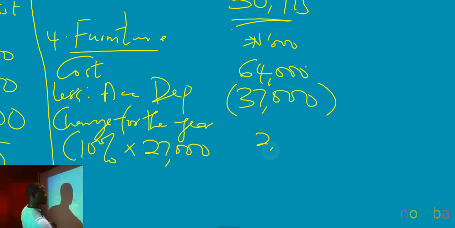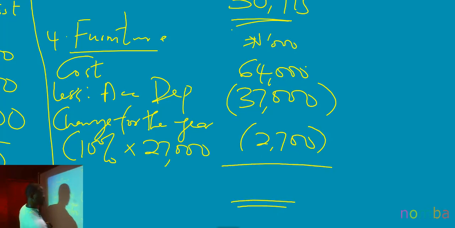That's 2,700. So what will be the carrying amount? Carrying amount will be 64,000 minus 37,000 minus 2,700. And that's 24,300.